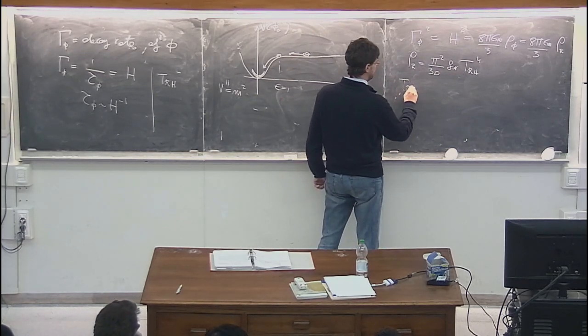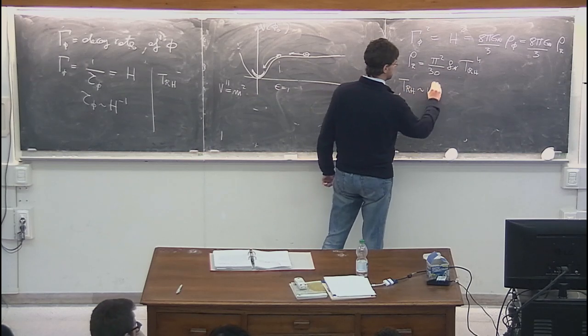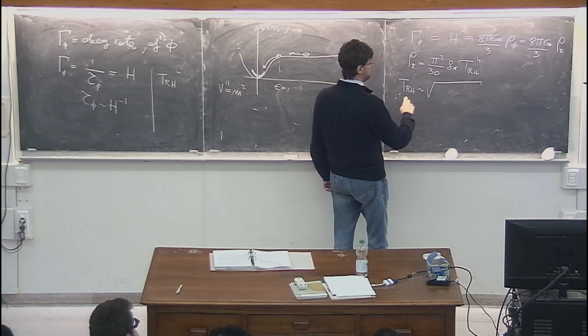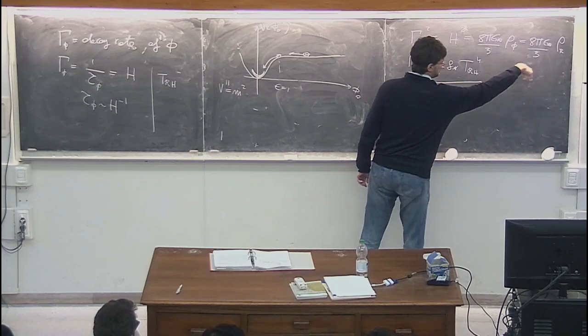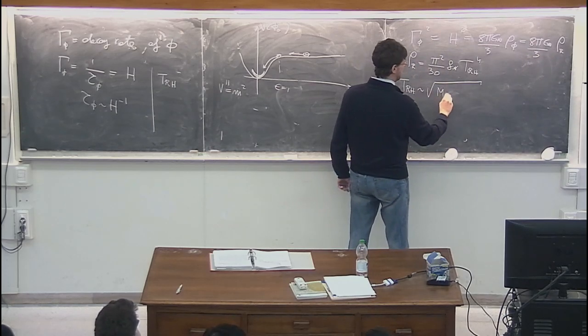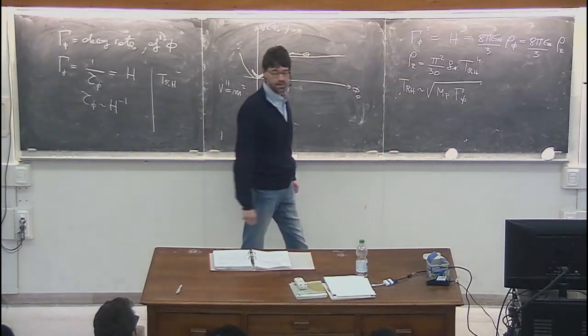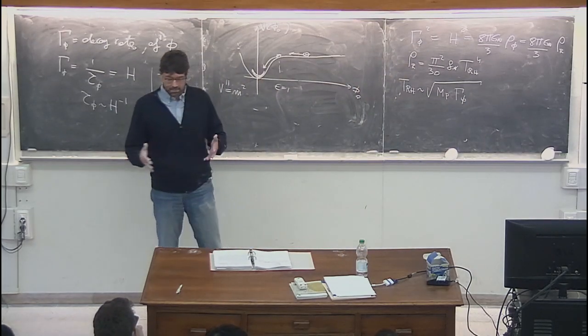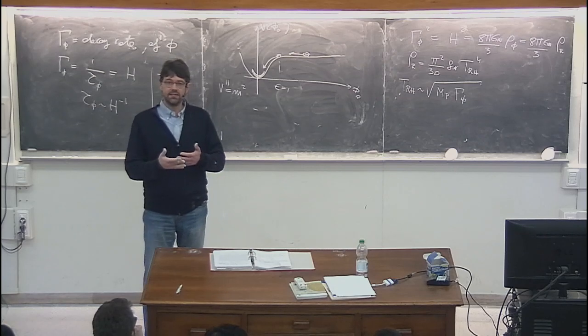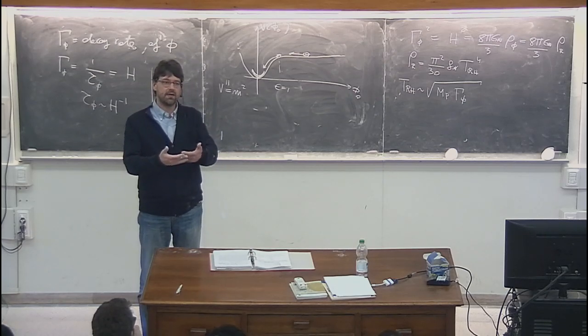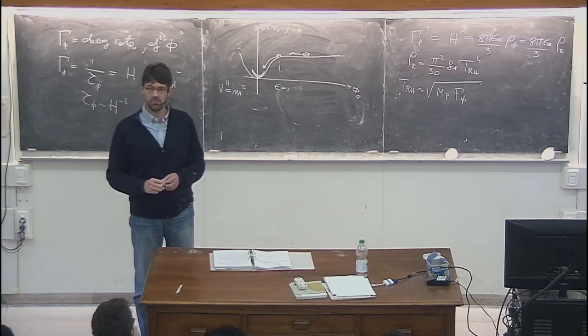And I know that T reheating will go like the square root of, I read it from here, G Newton is 1 over m Planck squared, it will go like the square root of m Planck times Gamma. Okay? This is the temperature at which the radiation phase starts, and then the usual standard Big Bang cosmology follows.